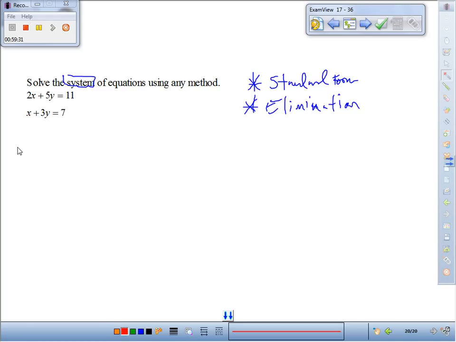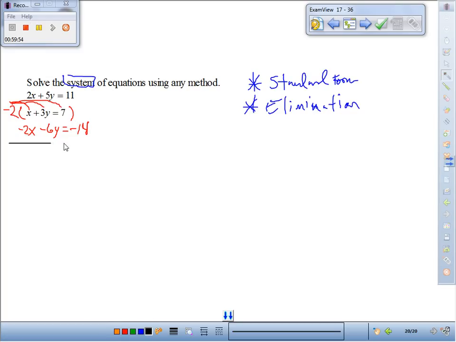Therefore, we need to multiply this entire equation times -2. So -2 times x, that's -2x. -2 times 3, that's -6y. Equals -2 times 7, that's -14.